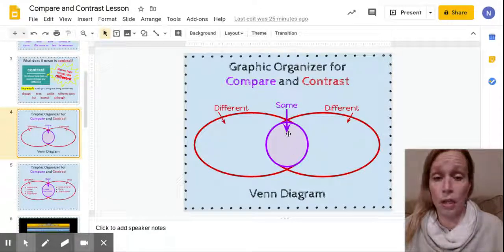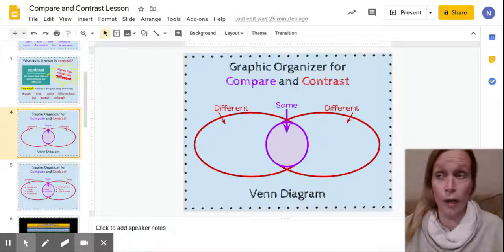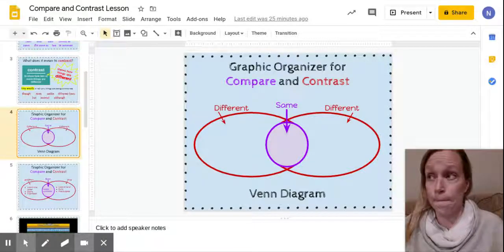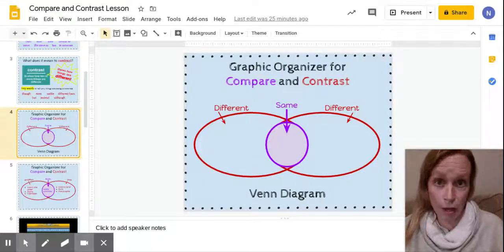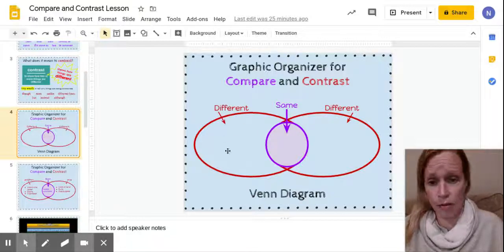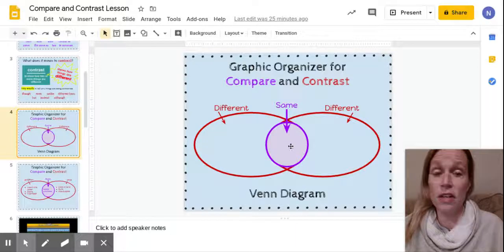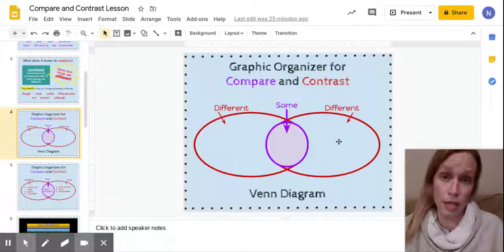So we're going to use these again to compare and contrast nonfiction topics like animals or hazardous weather or other types of things like that. So on the outside is topic 1 and things about that topic, topic 2 and things about that topic, and then in the middle are the things that are the same about both of these topics.